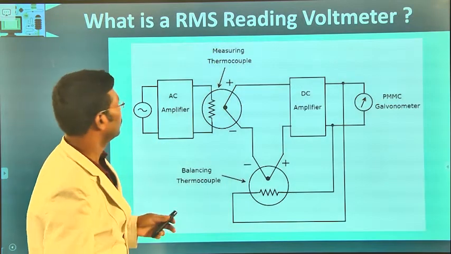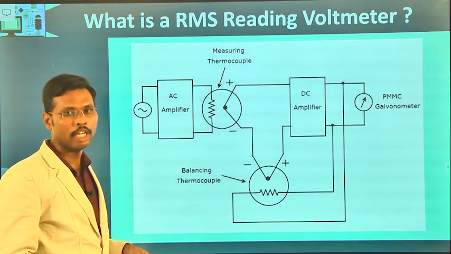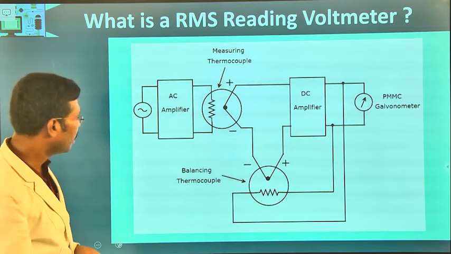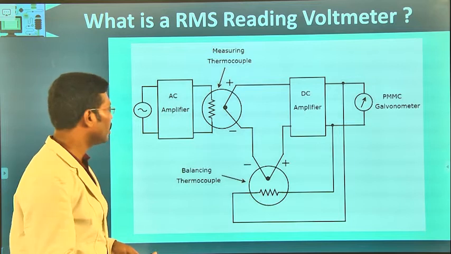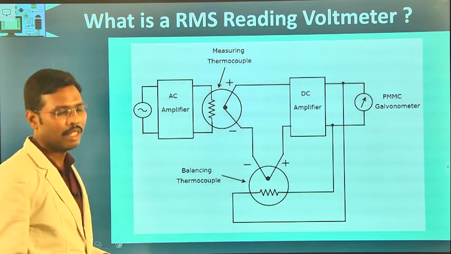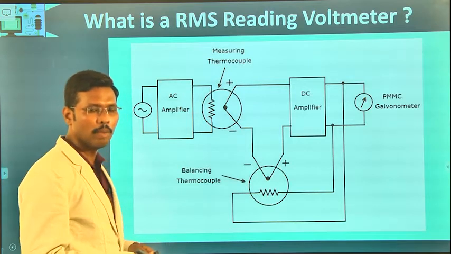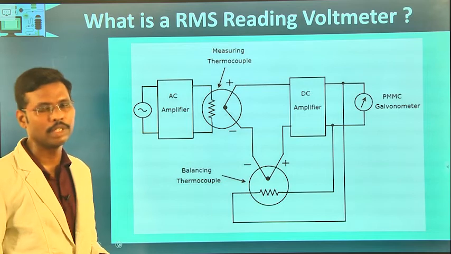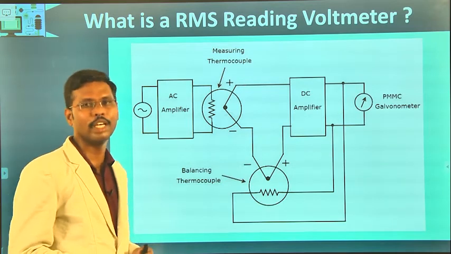This is the block diagram of a true RMS responding voltmeter, and its functionality is based upon the thermal effect. Unlike other meters, in this meter we use the thermal effect of the voltages for the measurement of the input signal, and for that we will be using thermocouples.